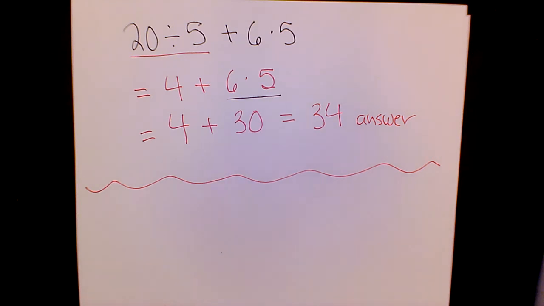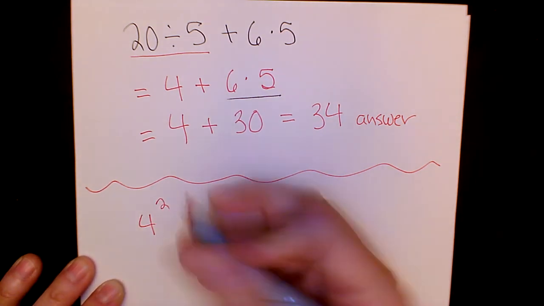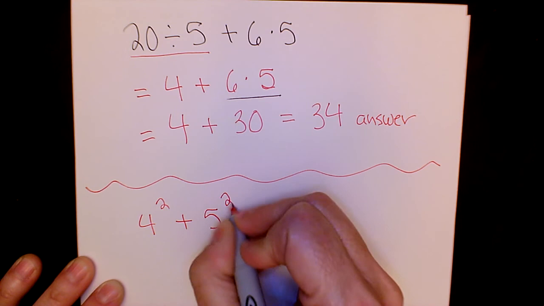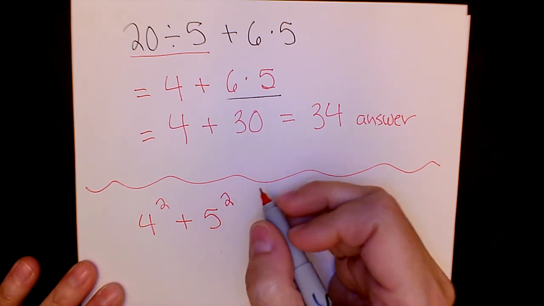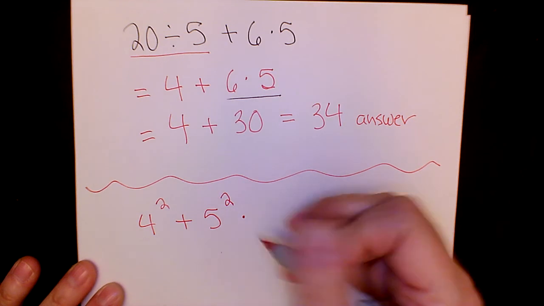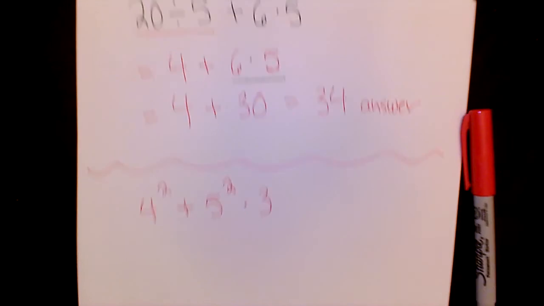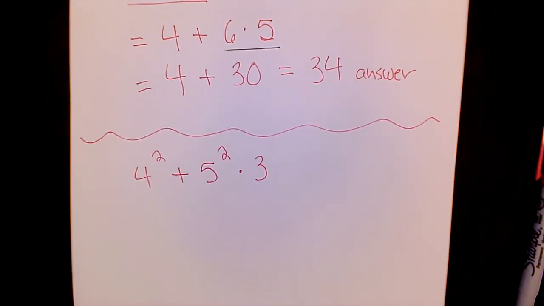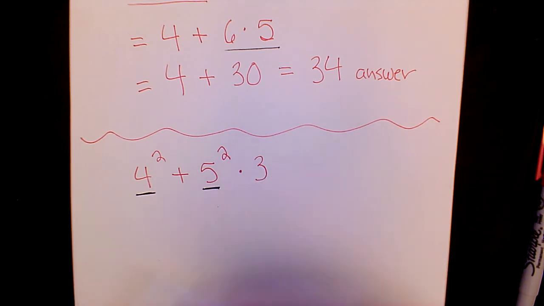What if I had something like this? I've got no parentheses, but I do have exponents. So we're going to go left to right.